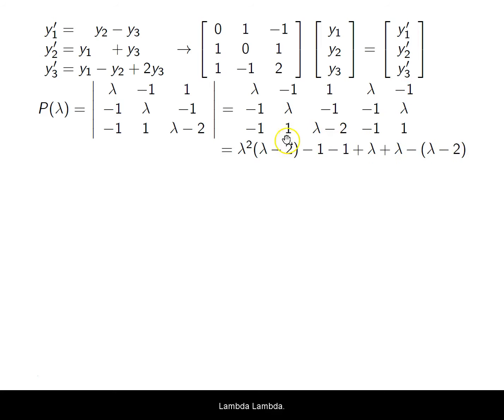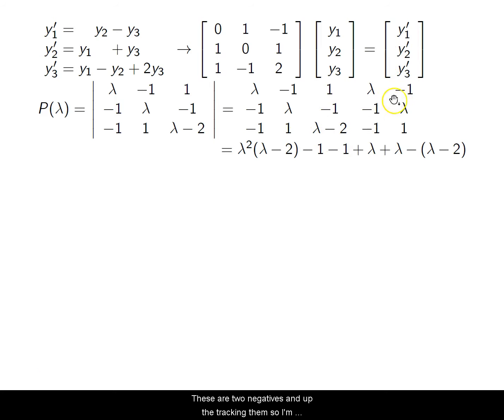Okay, so lambda squared times lambda minus 2. The next one gives me basically -1 cubed, so plus a -1. This is 1 negative, and I'm adding it to stuff, so that's another minus. This is a minus and a plus times lambda, so minus a minus gives me a plus. Same thing here, minus a minus gives me a plus.